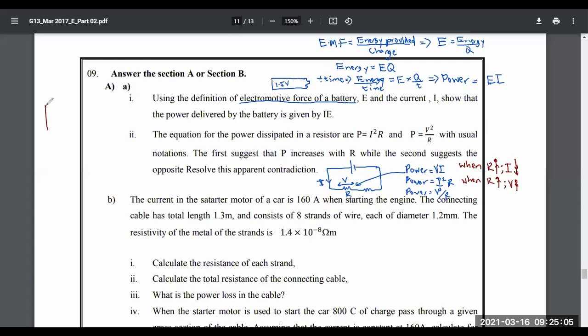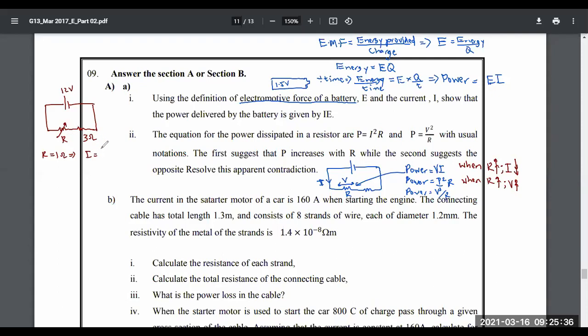Let's say you have a battery like this, and then you have two resistors like this. One is a variable resistor R, and the other one is a fixed resistor, let's say it is 3 ohm, and this is 12 volt. Now when R is equal to 1 ohm, what is the current in the circuit?